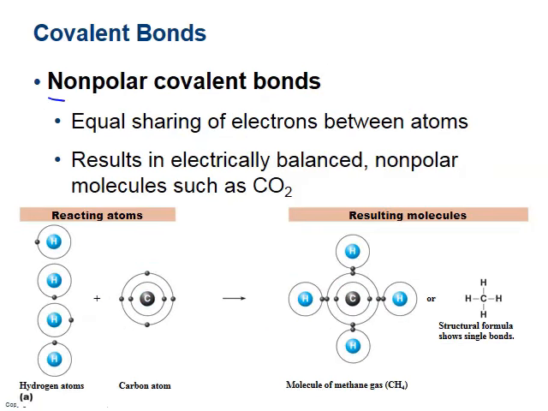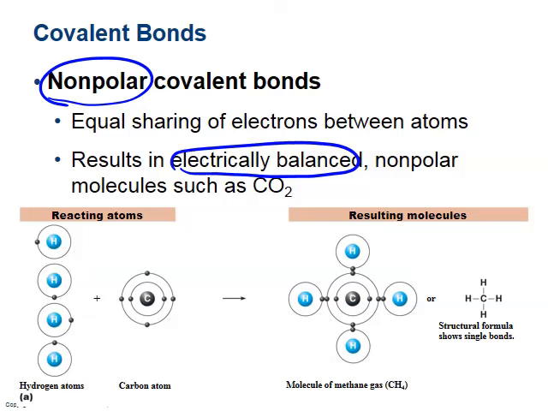For nonpolar covalent bonds, this is when we have an equal sharing of electrons between atoms. Basically, you have an electrically balanced molecule. So here are 4 hydrogens, and they're going to react with this carbon atom. And you can see the outer ring of carbon, it only has 4 electrons, but here's 1, 2, 3, and 4. So it's almost like a lock and key.